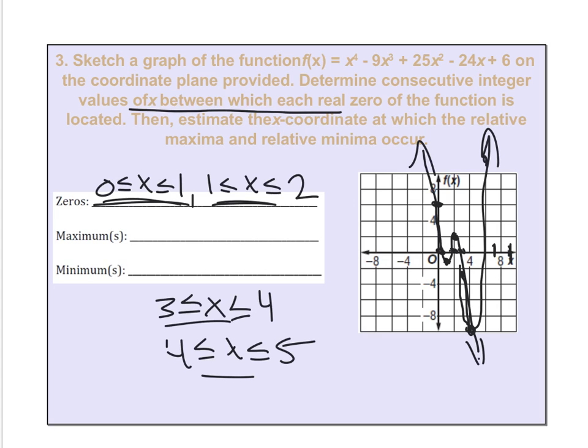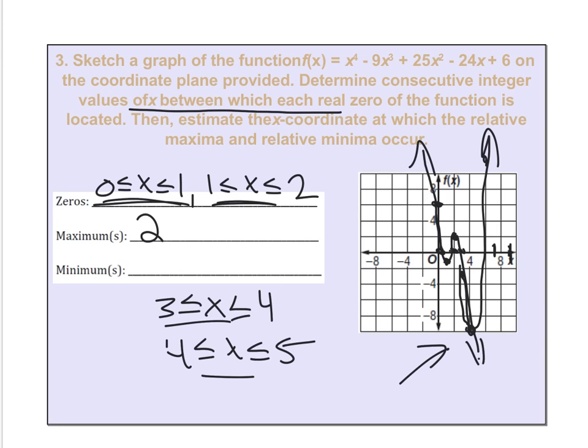Where are my maximums at? Or my minimums? Or my maximum? So I'm going to look. So I get a maximum at 2, and my minimum, I'm going to have 2 minimums. We have 1 minimum.